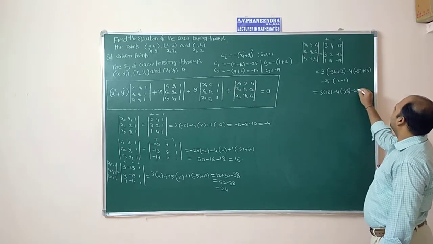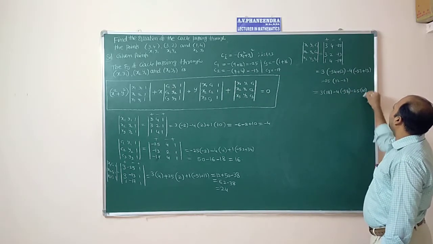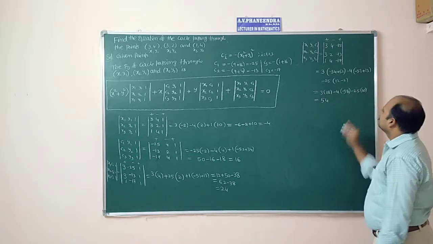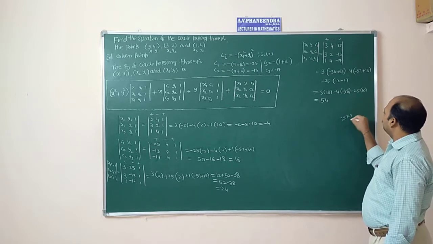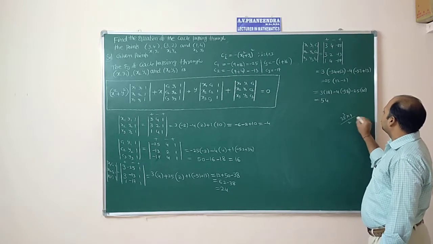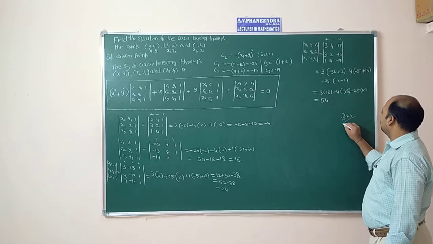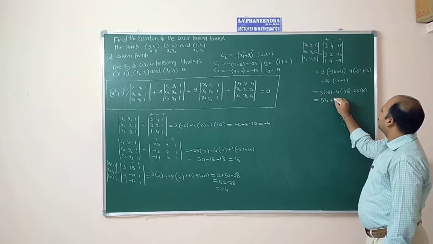So minus 25 into 10 is minus 250. 3 into 18 is 54. Minus 4 into minus 38 is plus 152.